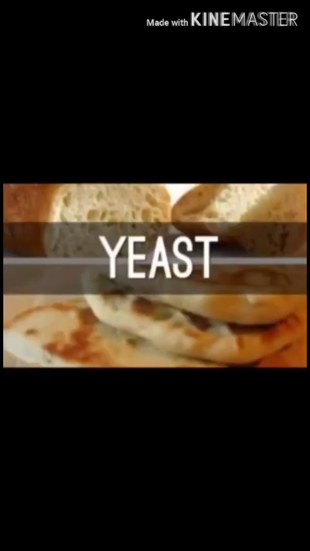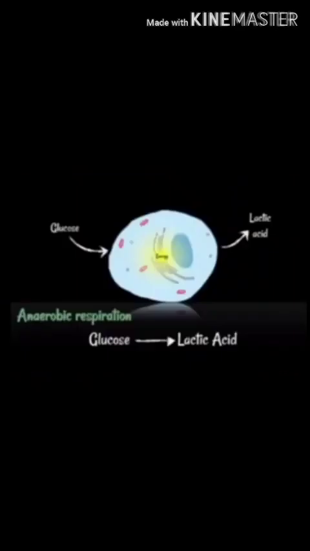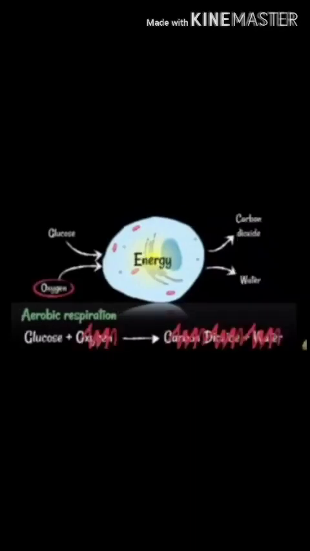In yeast cells, glucose is broken into alcohol and carbon dioxide without using oxygen. So oxygen is not used to give the energy, and so the process is called anaerobic. Anaerobic means without oxygen. And the amount of energy given out in anaerobic respiration is very much less than in aerobic respiration.